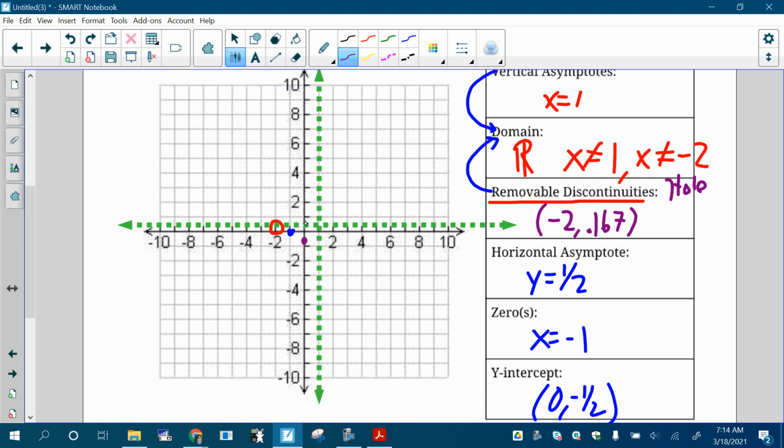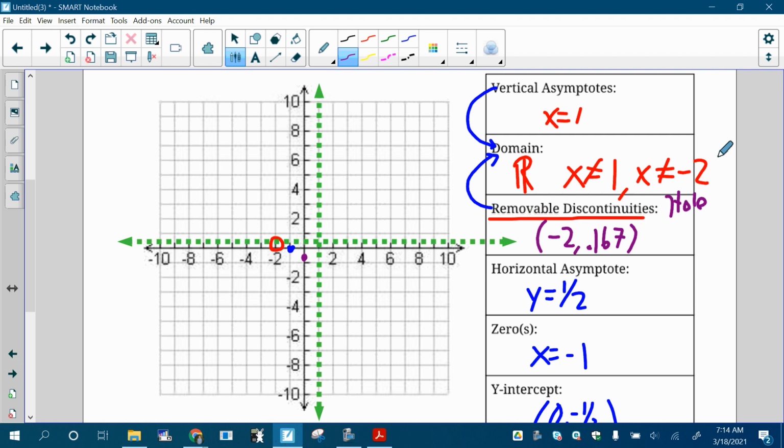And this is all starting to kind of fit together. I can use Desmos to help me if I want. But keep in mind, and this is one kind of weird thing, although this is a hole in the graph, your graph goes through the hole. It goes right up to the hole and then there's a hole in it. So it's never like you're going to have your graph here and a hole over here. That wouldn't be a hole in the graph if it wasn't in the graph.